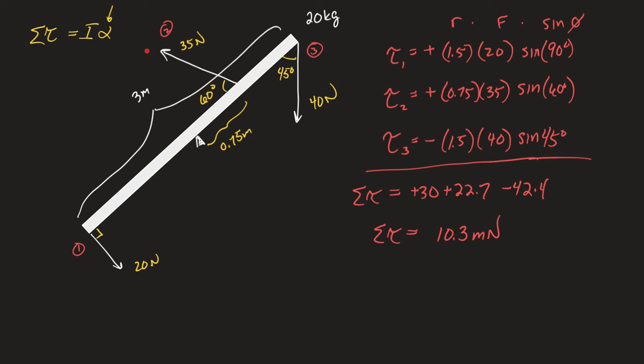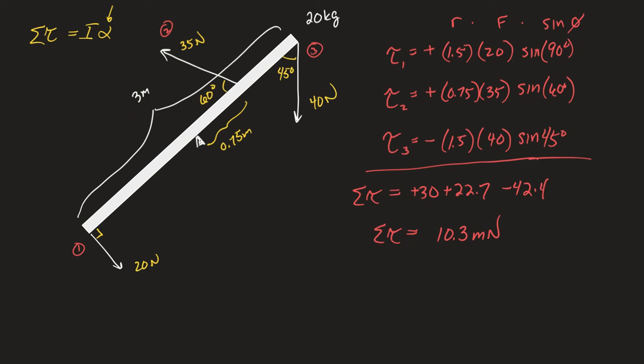Then torque number 2 is located a given distance of 0.75 meters from the pivot point. Size 35 newtons, sine 60 degrees. I made both of those positive because they're causing the system to turn this way.